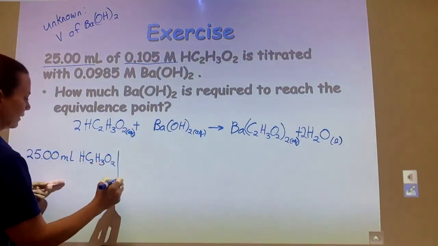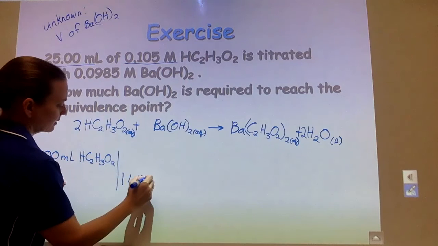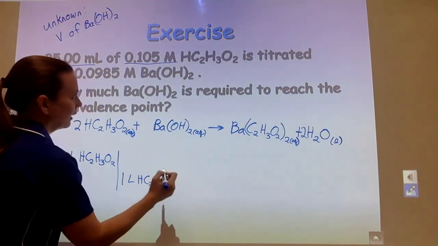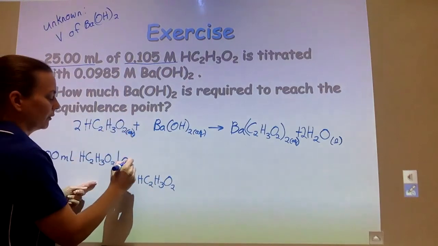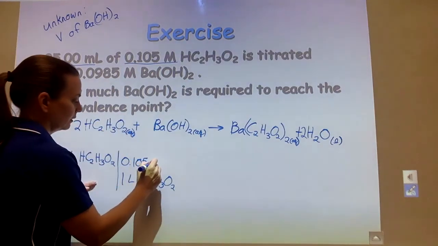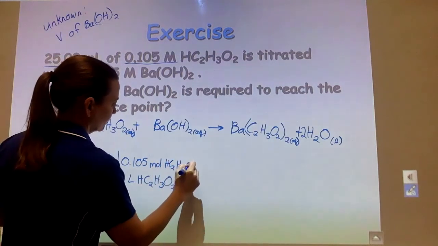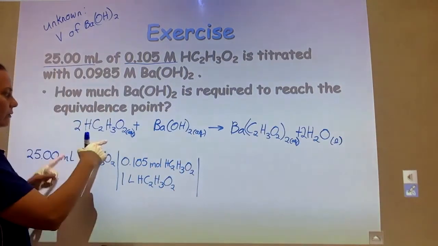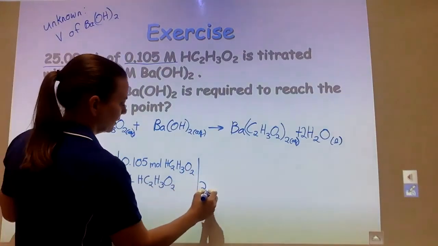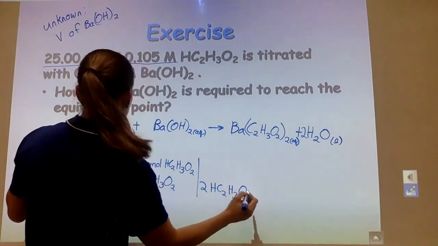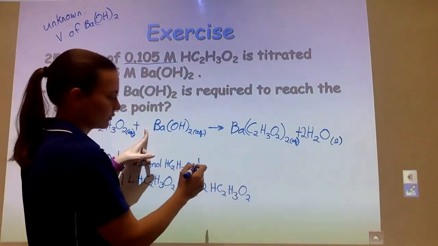And I know that in every 1 liter of acetic acid, I'm back to staying with milliliters here, by the way, there's 0.105 moles of acetic acid. And I also know that for every 2 moles of acetic acid, there's going to be 1 mole of barium hydroxide.